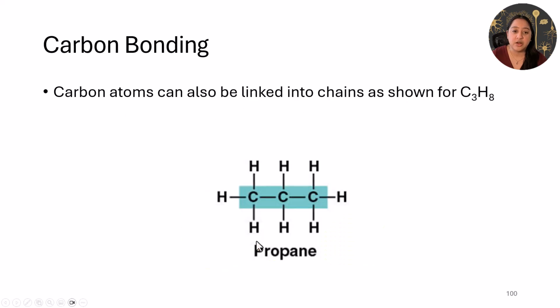But carbon can also link to other carbon atoms. So this is a linear chain of 3 carbons and 6 hydrogens.